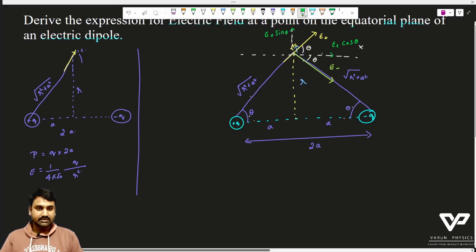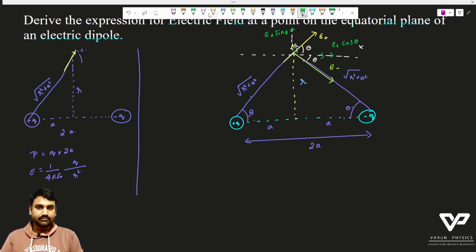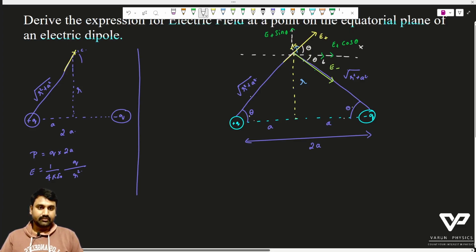And similarly here this is theta, this side it will become E minus cos theta, and downward, therefore this becomes E minus sin theta.